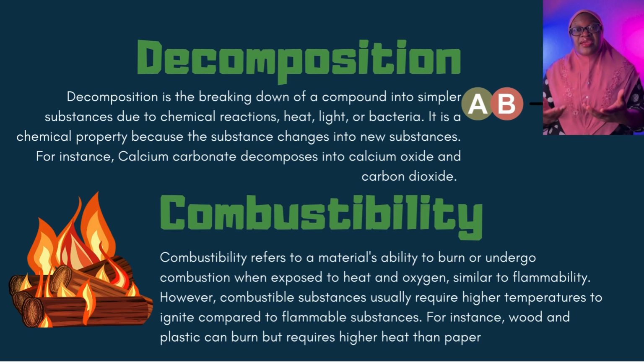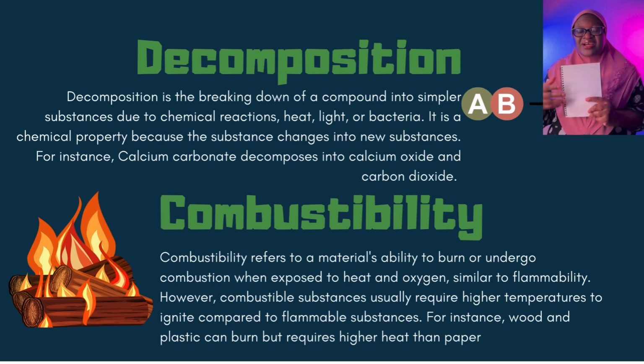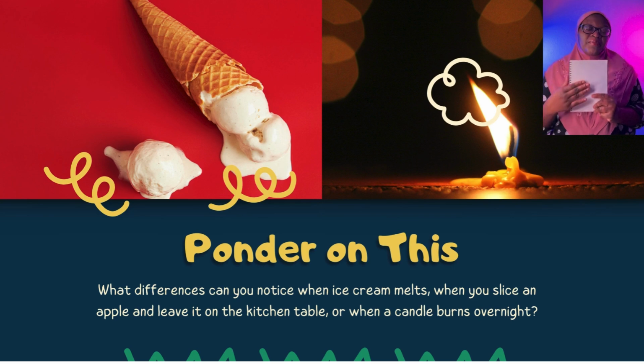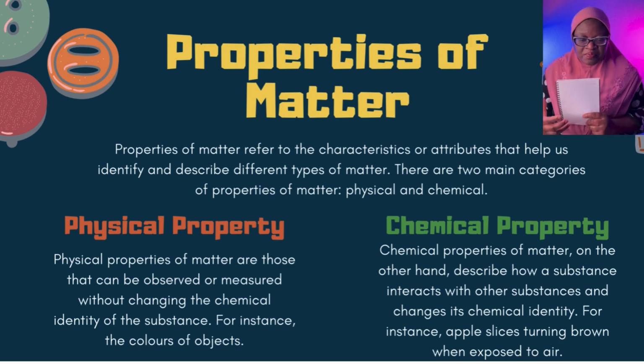This is a chemical change. This is a chemical property because you're forming a new substance. For example, if you ignite a piece of paper, what you're going to end up with will be what? Ashes, and then you're going to have some heat given off. You can't get back your paper that you started with, so you've changed the component, you've changed the inherent nature of that paper into ashes by subjecting it to burning or combustion.